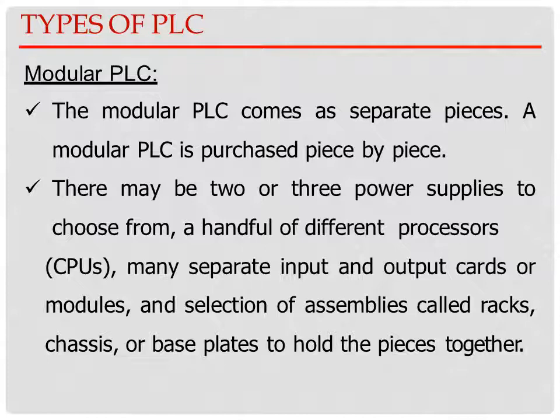The rack or chassis is the assembly in which these input output cards or modules as well as the CPU are fitted. So we have to purchase these modules or pieces separately and then mount them on the chassis or rack.